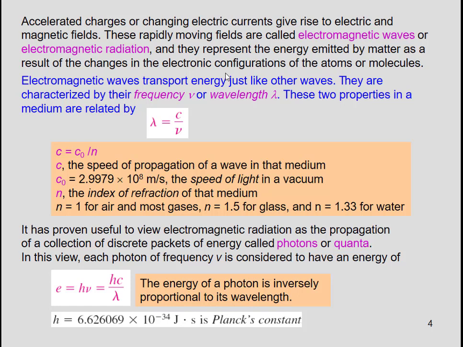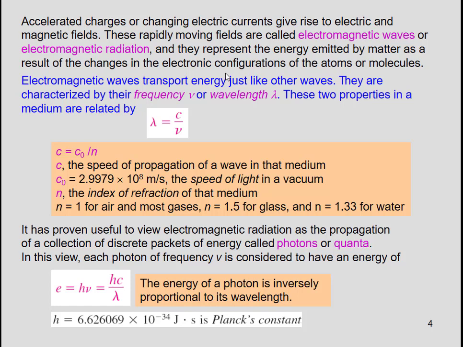As you know, changing electric currents give rise to electric and magnetic fields. And these rapidly moving fields, we call them electromagnetic waves or electromagnetic radiation, which you know about.